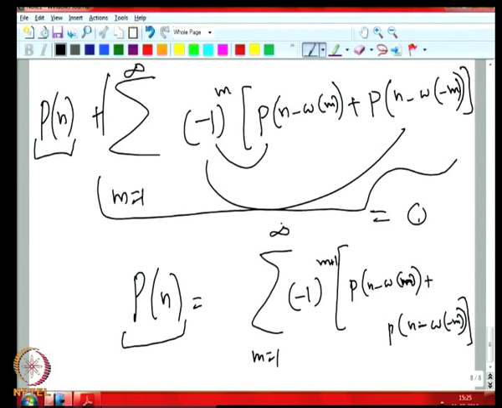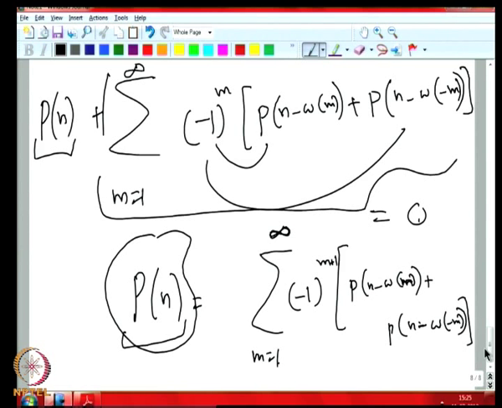The good thing about this is that we are getting a formula of p of n in terms of smaller p of something which is smaller than n, right. This is a recurrence relation for evaluating p of n. But then we will say that there are infinite number of terms here. This is going from 1 to infinity. So, what is good about it at all?